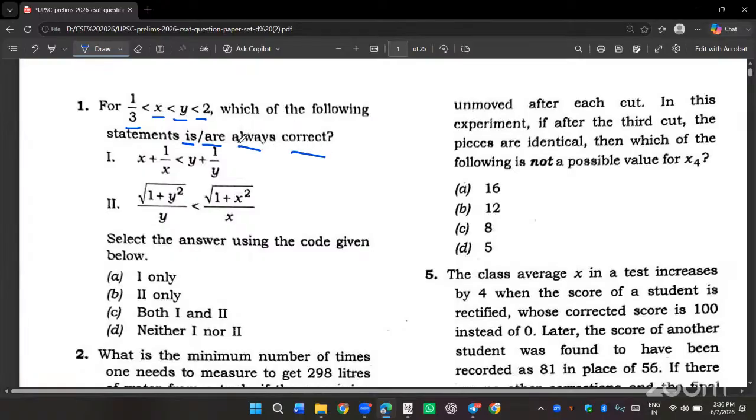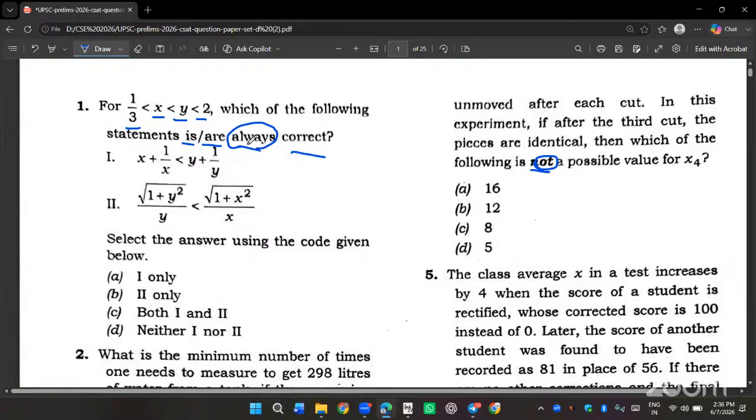Whenever you attend a UPSC question, you have to look at whether they are giving 'is' or 'are' correct, and 'always', 'only' like that. Okay, you have to see that. That is another important point.